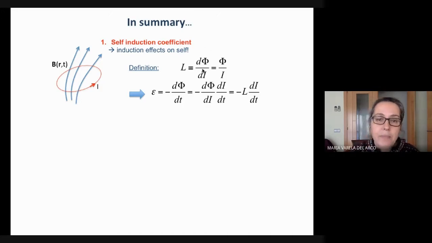And this L is such an important quantity that for coils and solenoids, it is the equivalent of capacity for a capacitor. Remember the capacity, the usual quotient between the charge and the voltage that a capacitor can hold. It was also very important to calculate the electrostatic energy stored in a charged capacitor.